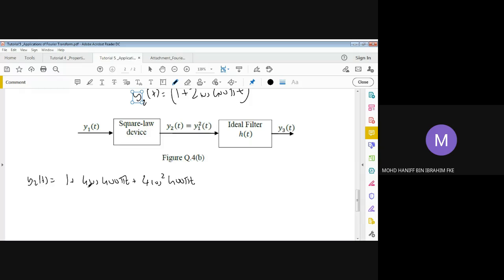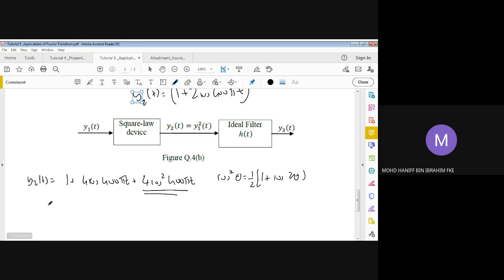What we have to do now is that you have a single cosine function here, but this cosine function has a square. So you have to use the identity to find the cosine terms for that. We know that cosine squared theta shall be equal to half of 1 plus cosine of 2 theta. So you can use this identity to solve for that.